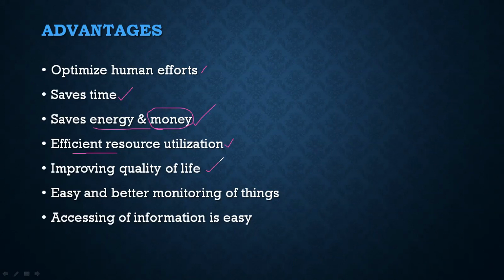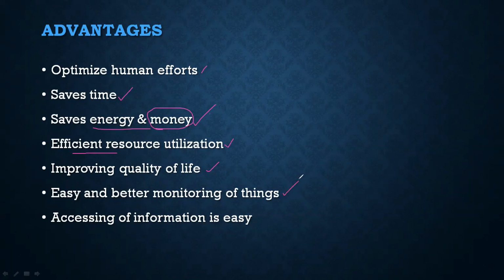So this IoT technology gives convenience, comfort, and better monitoring and management of all the human tasks. That means it improves the quality of human life. Next one is easy and better monitoring of things.